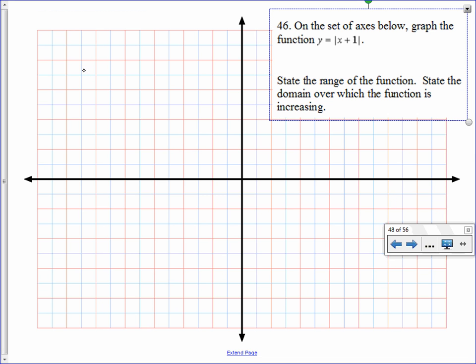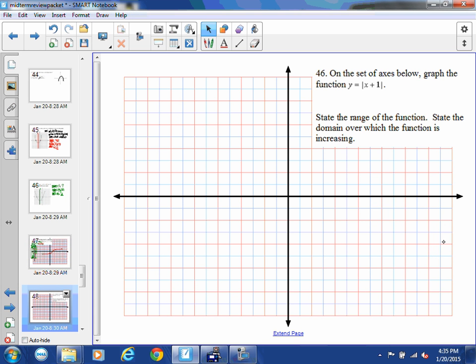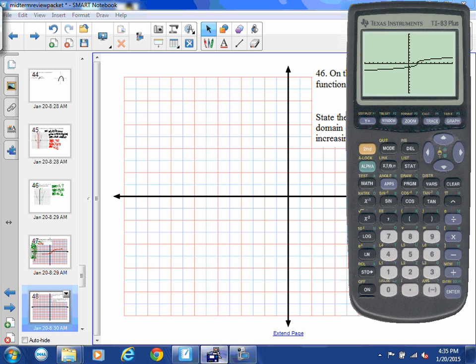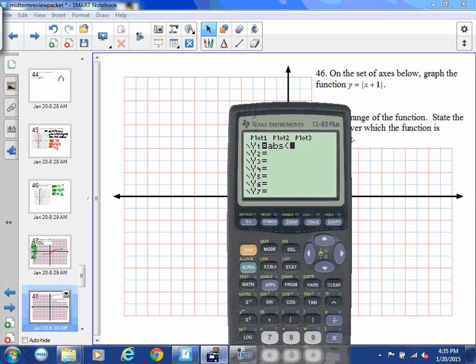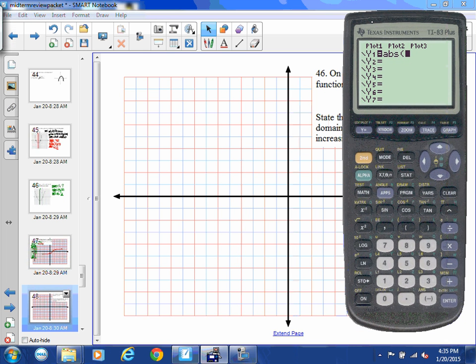Next one, well, again, it's a graph, so I'm going to put it into my calculator. Y equals the absolute value of x plus 1. So, y equals, type absolute value, math, num, ABS. Again, yours will look slightly different than mine. Yours looks better. X plus 1.